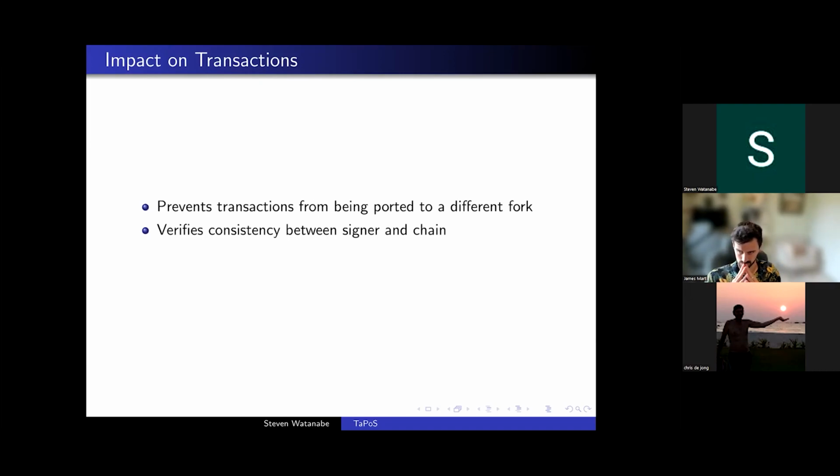TaPoS requires the signer to identify a fork that the transaction will be applied on and prevents the transaction from being ported to a different fork. This is important for the signer because your willingness to sign a transaction is implicitly dependent on your view of the state of the world at the point that you sign it.